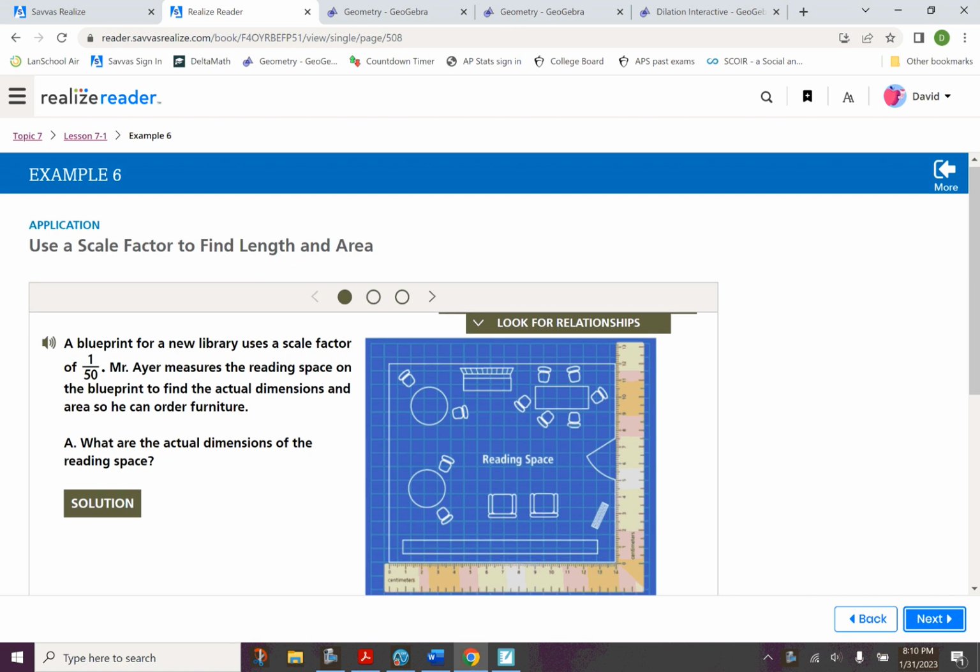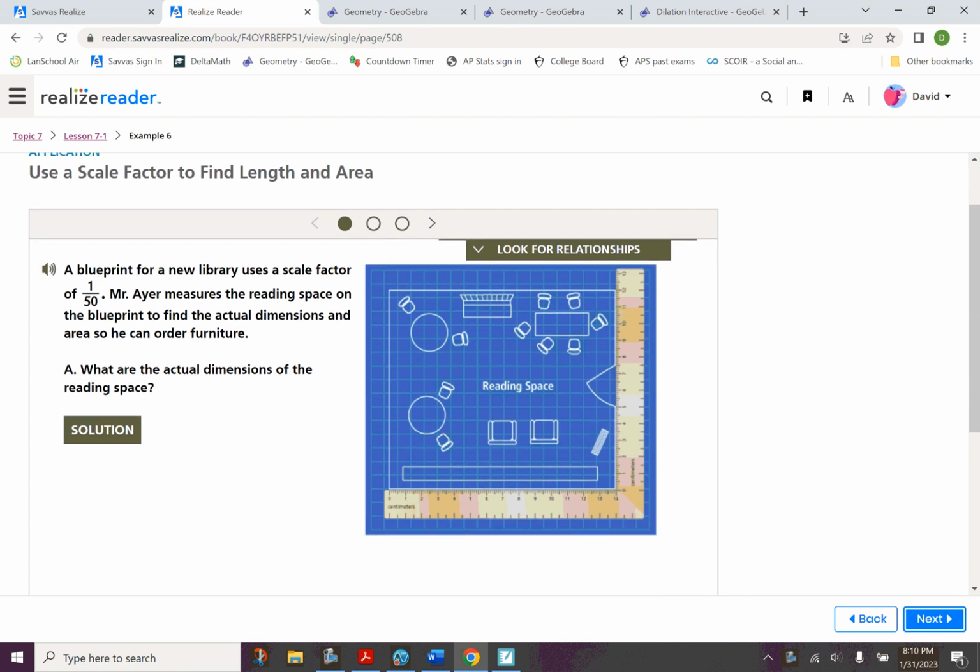Scale factors are used all over the place, such as blueprints. A blueprint for a new library uses a scale factor of 1 to 50. If we're measuring the reading space on the blueprint to find the actual dimensions and area, well, here's our reading space.